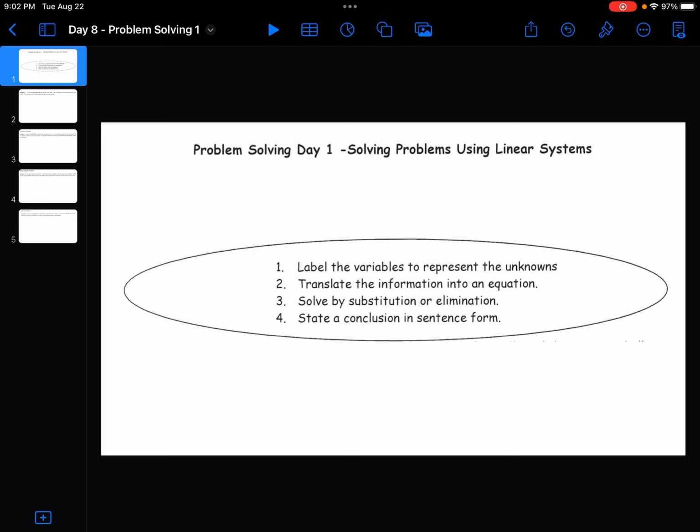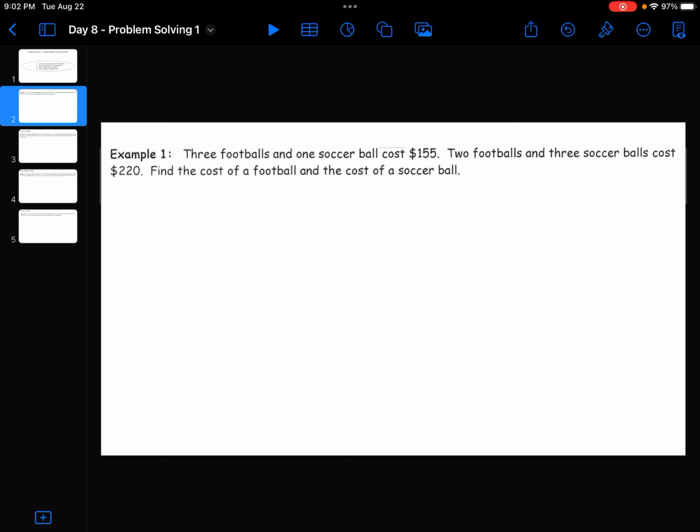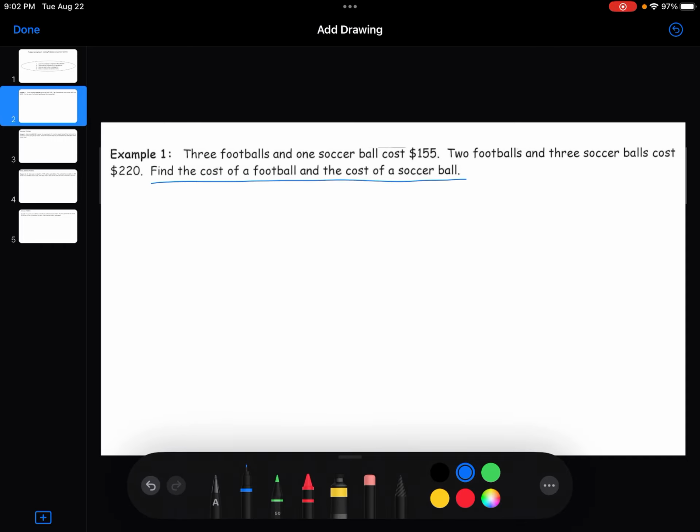question. Now there's a few types of questions that we can look at here. We're going to look at the main ones. First, this is just a general type of question. So we have 3 footballs and 1 soccer ball cost an amount of money. 2 footballs and 3 soccer balls cost a different amount of money. We're finding the cost of both of those. So typically, the question itself is actually going to give you your let statements.